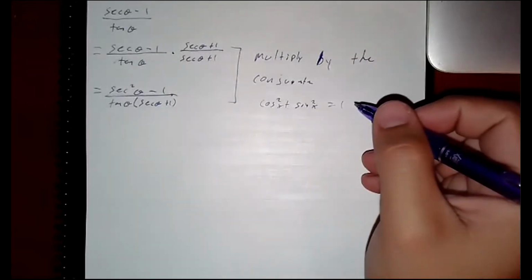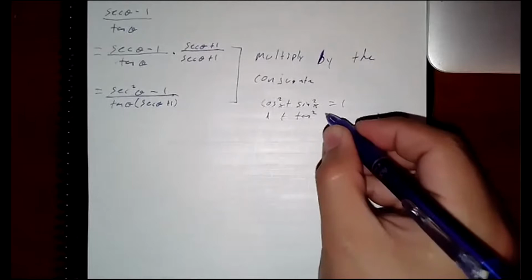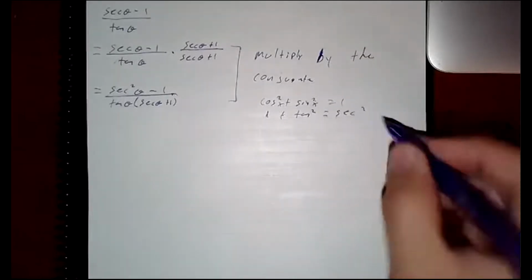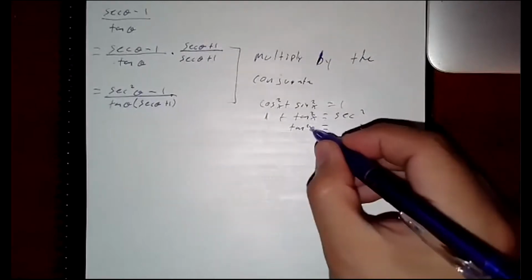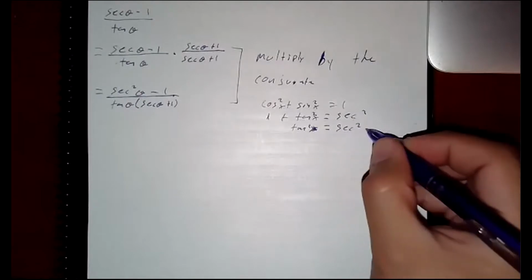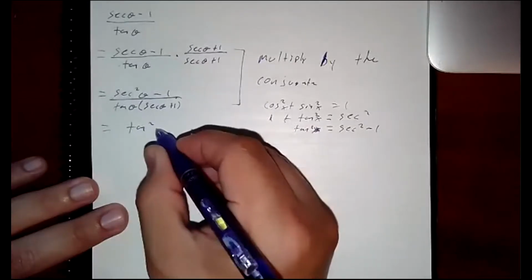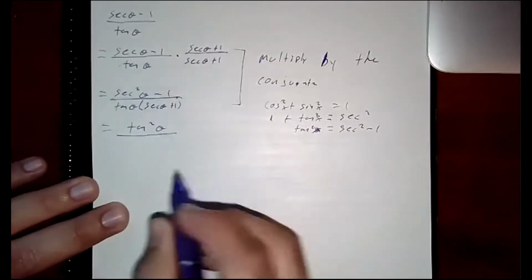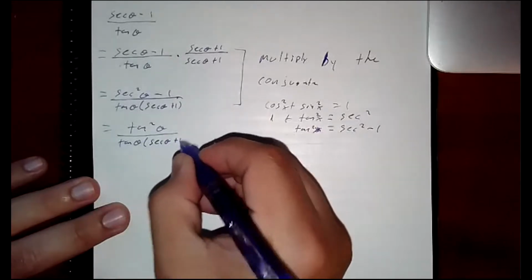If I divide all sides by cosine squared, I will get 1 plus tangent squared equal to secant squared. If I subtract the 1 over, that's right. Yeah, no, for sure, it is. So the top is actually tangent squared theta when you use the Pythagorean identity. I don't have the formulas in front of me, so I just wanted to double check that.